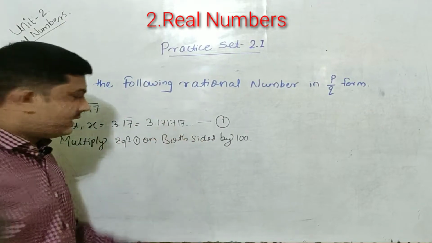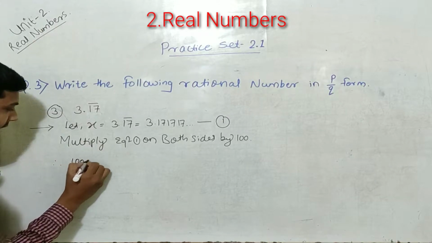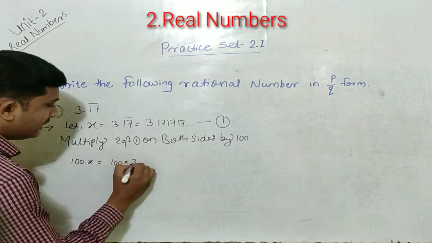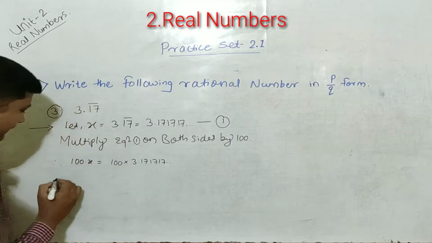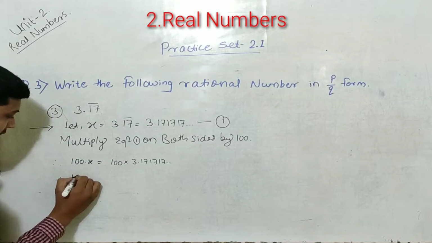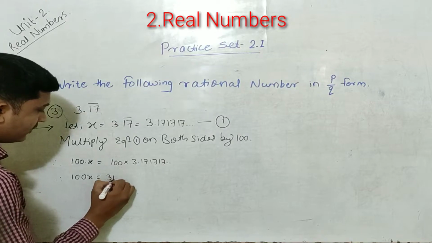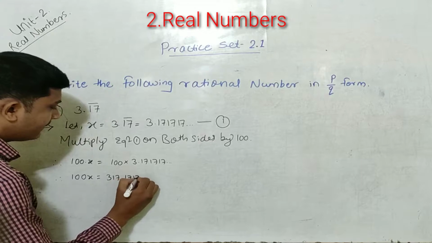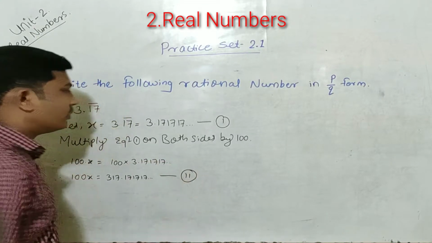Because to balance the equation. Therefore 100 times x is equal to 100 into 3.171717 dot dot dot, which is equal to 317.171717 dot dot dot. Say it as equation 2.